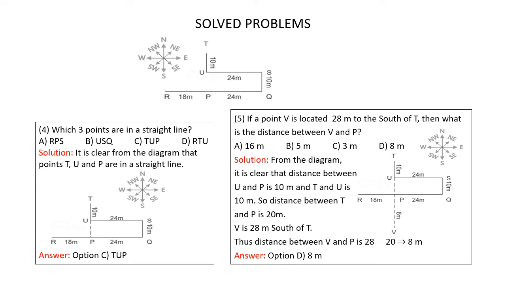Now it's given that the distance between T and V is 28 meters, and we have found out that the distance between T and P is 20 meters. So the distance between V and P is 28 minus 20, which is 8 meters. So the correct answer is option D, 8 meters.